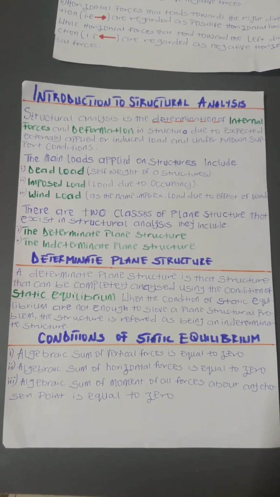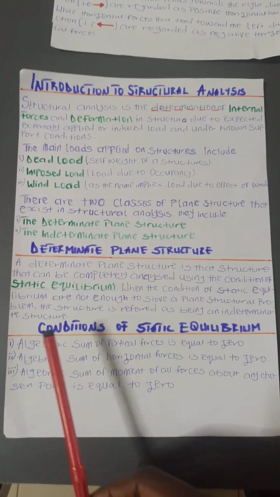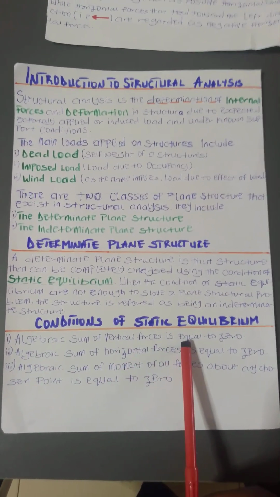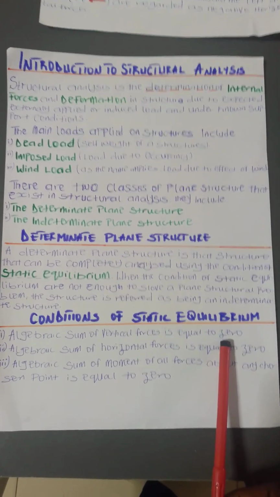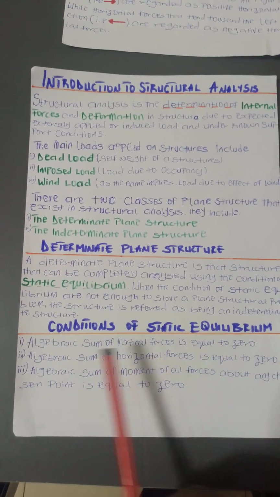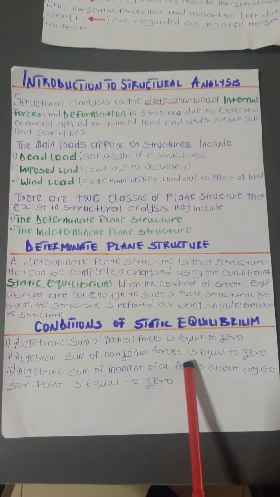Conditions of static equilibrium. Let's check out the conditions of static equilibrium. One, the algebraic sum of vertical forces is equal to 0. Now the sum of all vertical forces acting on a given structure must be equal to 0.